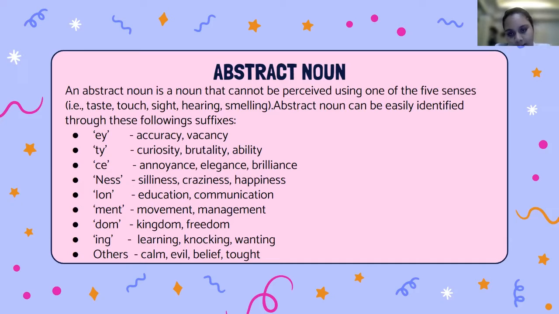Abstract nouns can be easily identified through these suffixes, such as -acy, -ty, -ce, -ness, -ion, -ment, -dom, -ing, and others. The examples are accuracy, curiosity, annoyance, silliness, craziness, education, movement, kingdom, learning, calm, and others, as you can see in the PowerPoint.